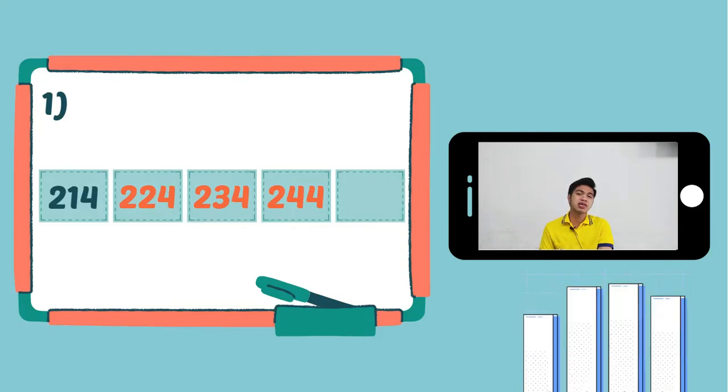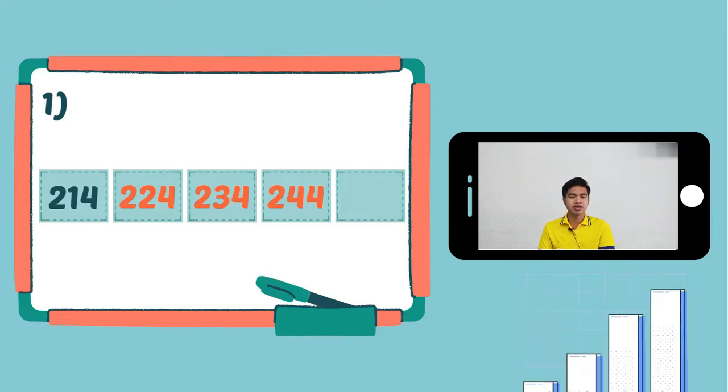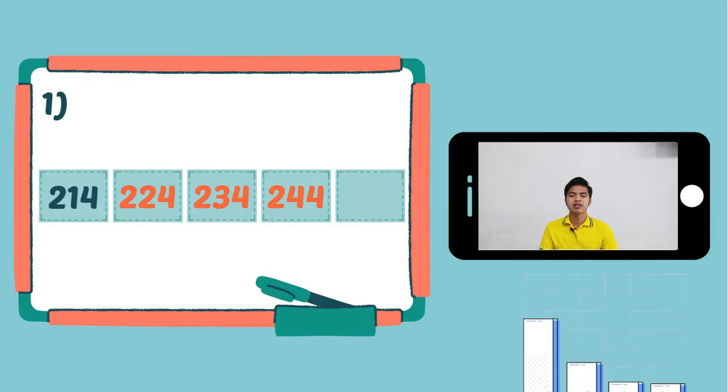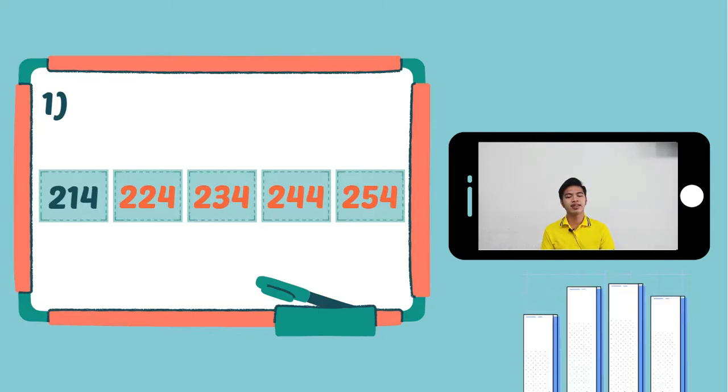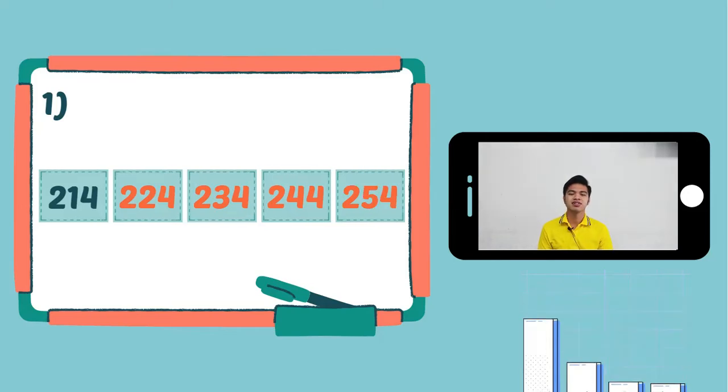And since the pattern is about adding 10 on it, the answer will be 254. Okay, so here the set of numbers will be 214, 224, 234, 244, and lastly 254. Okay, so that is it.